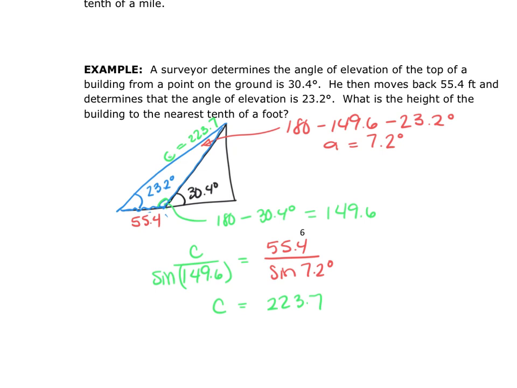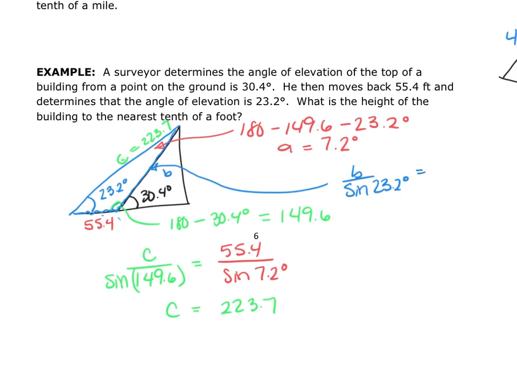Now once I have found that C, I can go ahead and find this side as well. So I could have done that before. Yeah, okay, I could have done that before. So I'm going to call that B. So B over the sine of 23.2 degrees is equal to, and I'm going to use the 55.4 over the sine of 7.2.